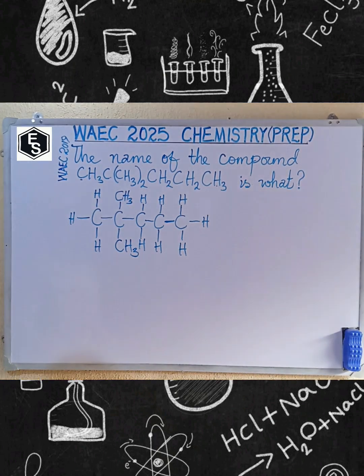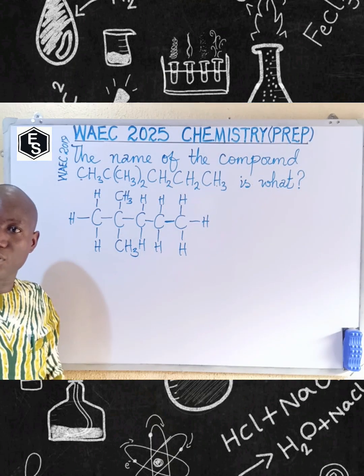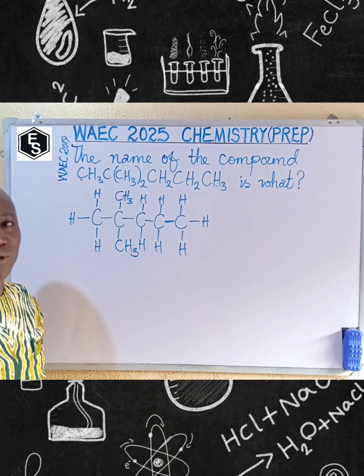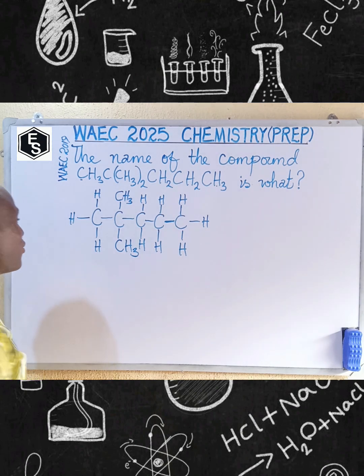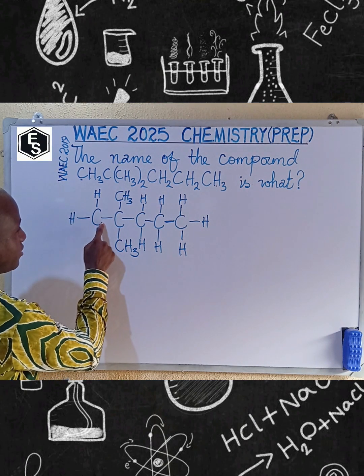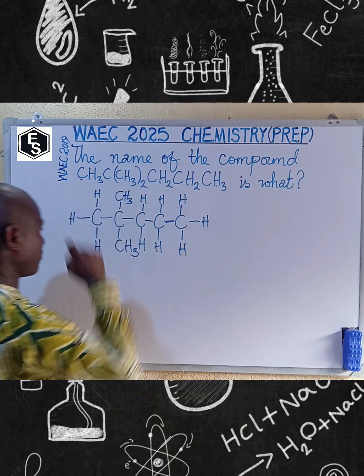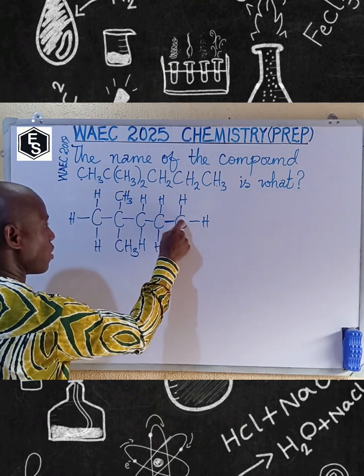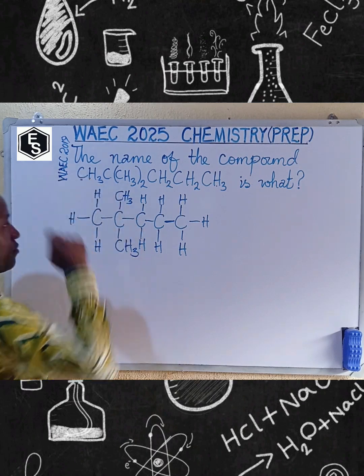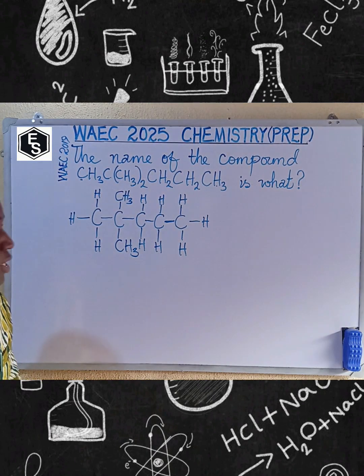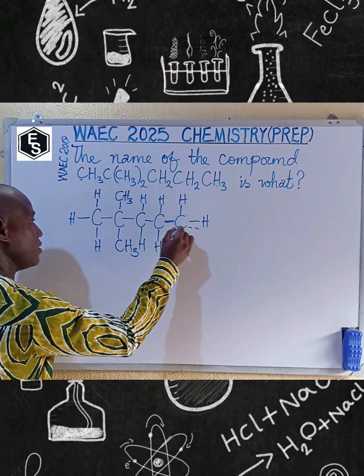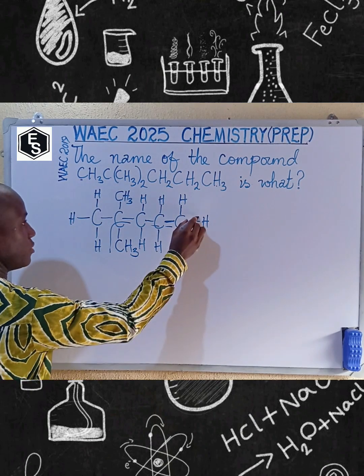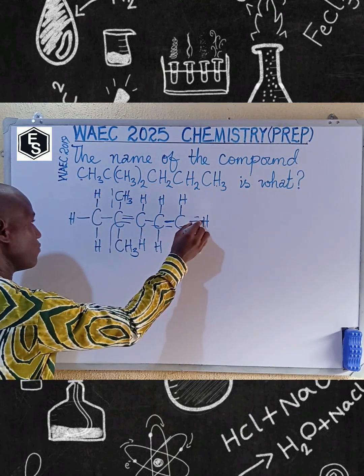So to name it, we start with the longest continuous carbon chain. Longest continuous carbon chain, right? Good. So we have 1, 2, 3, 4, 5. Which one should we go with? We can either go in this direction, or even straight.